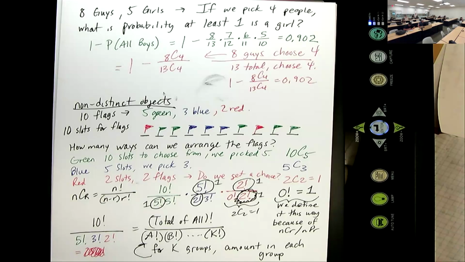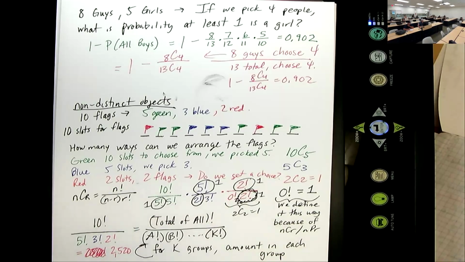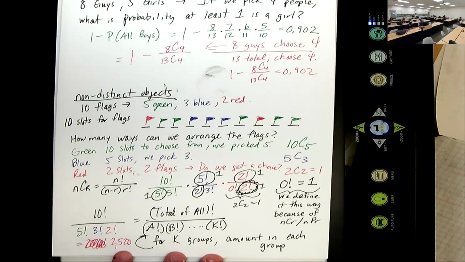Yeah, again, make sure I said the right thing. Yeah, 2,520. I don't know why I had a bucket factorial there. Apparently, there's 2,520 ways to place those flags, because the green flags all look the same, it doesn't matter which one I pick to place first. They all look the same.